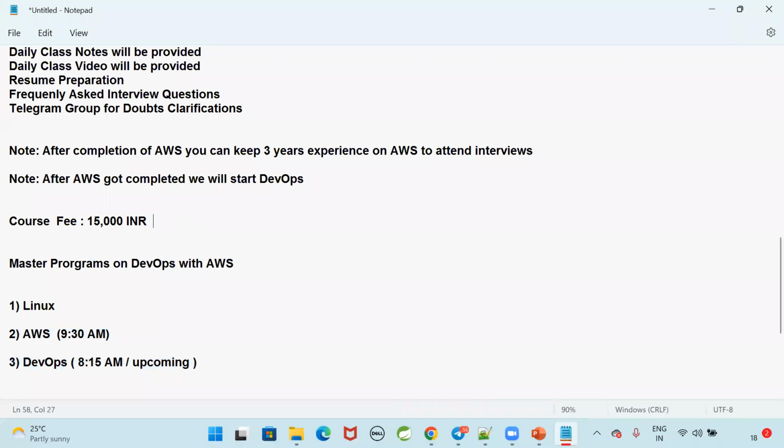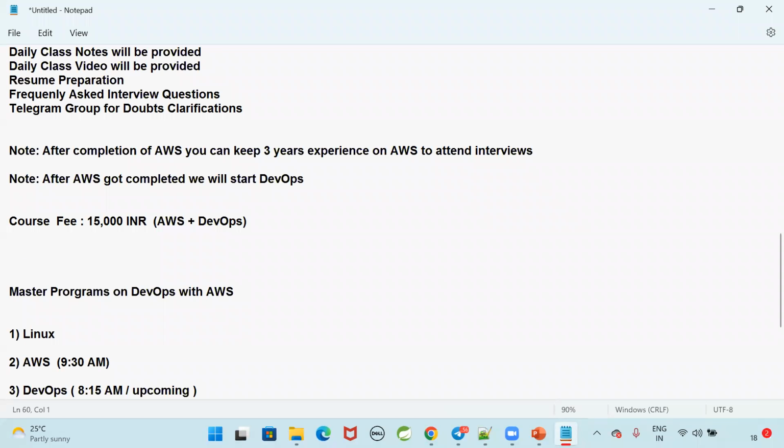The 15,000 course fee is for AWS plus DevOps. If you take both, you get it for 15,000. If you want to attend only AWS, the AWS course fee is 10,000. It is a package: 15,000 for AWS plus DevOps.